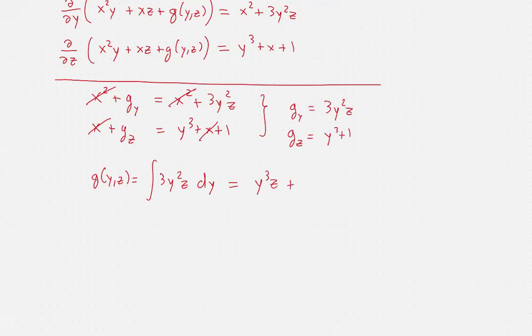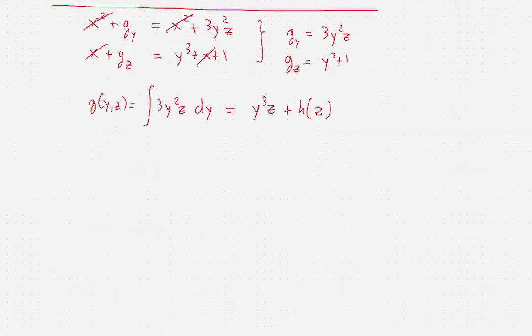Again, since g is a function of y and z, and it has been partially differentiated with respect to y to give us this, any expression of z would have disappeared by that partial differentiation. So finally, we need to pin down h, and we do that by requiring that the partial derivative of what we just found with respect to z is equal to that, which is exactly what we wanted to begin with.